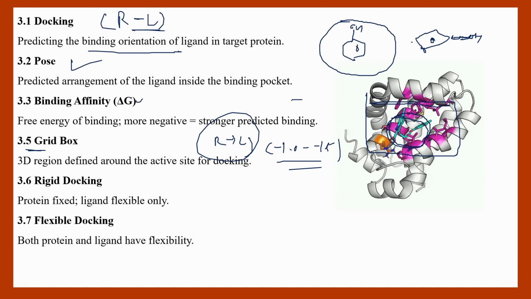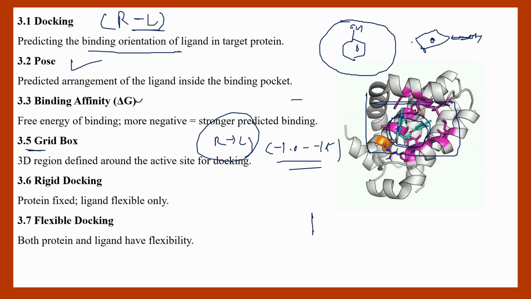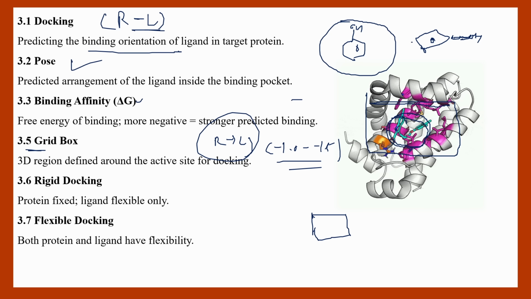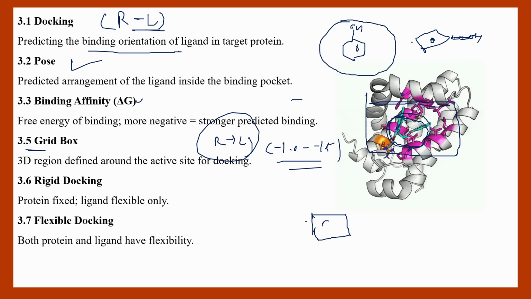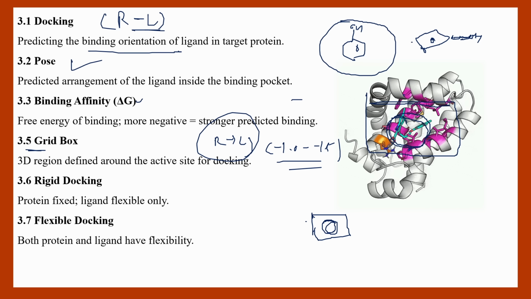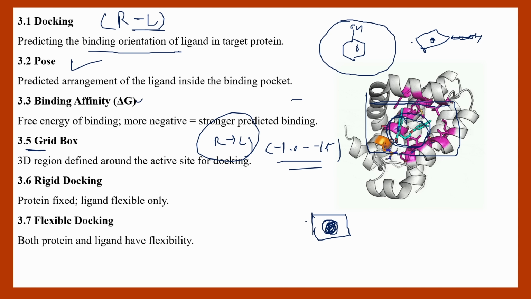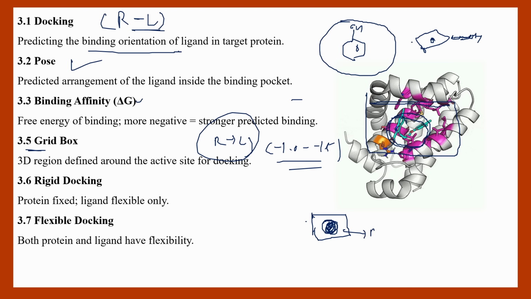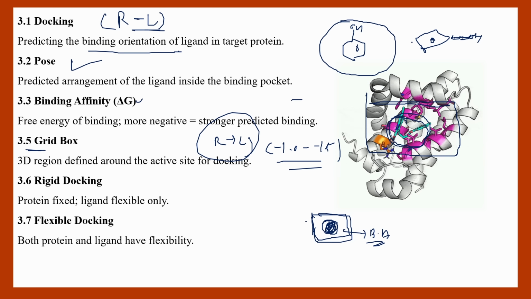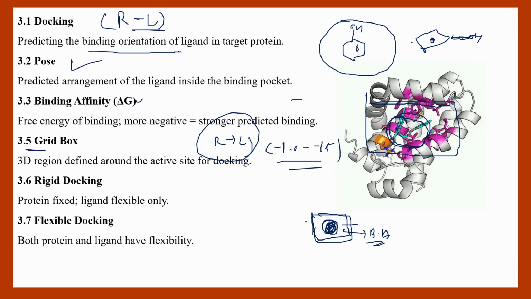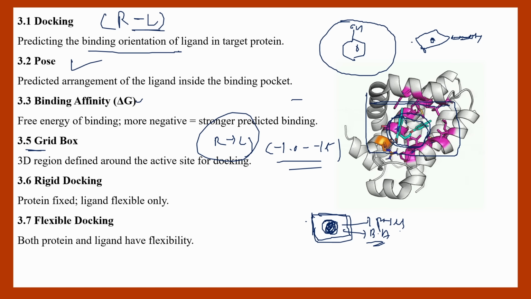I will set up this area of the receptor and perform the docking, and inside this we see how the ligand molecule is binding to the receptor, that is the binding affinity, and this is the grid box, and inside it how the drug is posing.